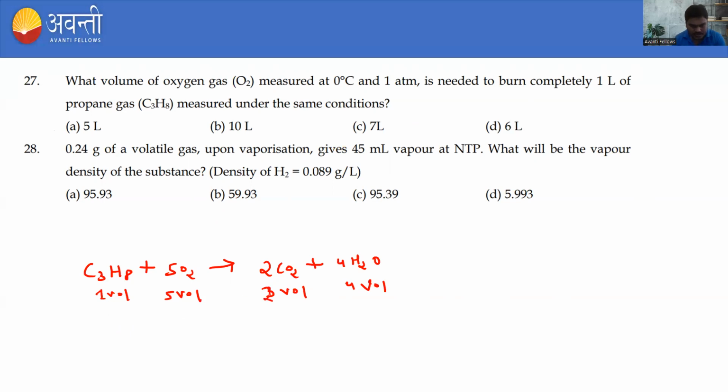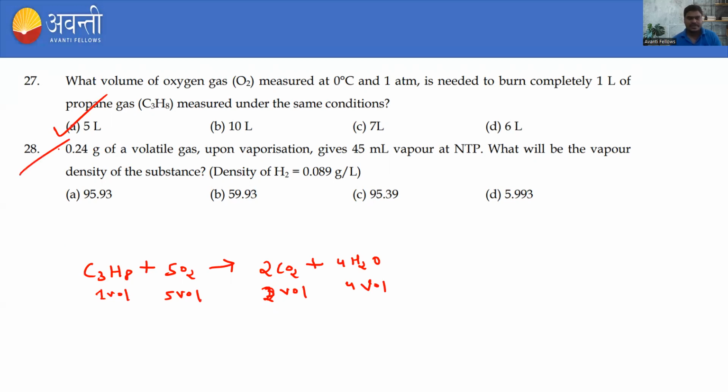Hence, the volume of oxygen gas measured at 0 degrees and 1 atm needed to burn 1 liter of propane gas completely under the same conditions is 5 liters. So how much will form? It will form 5 liters. So the correct option is 5.